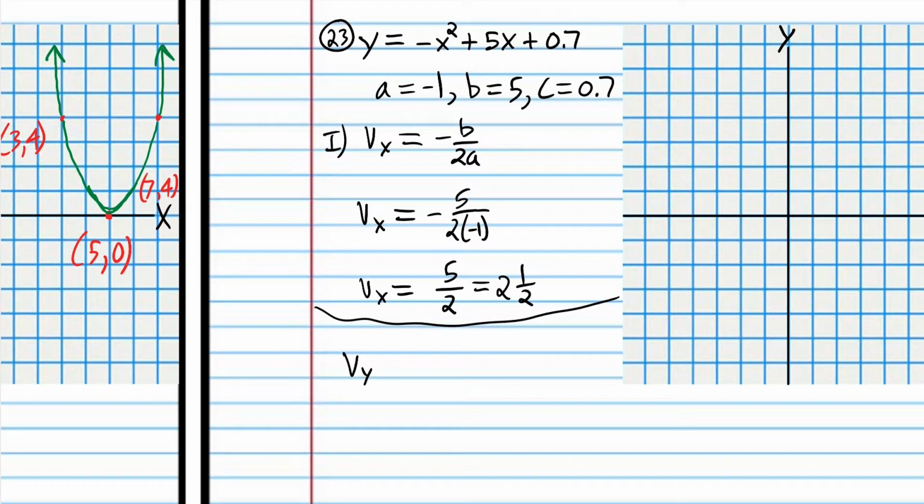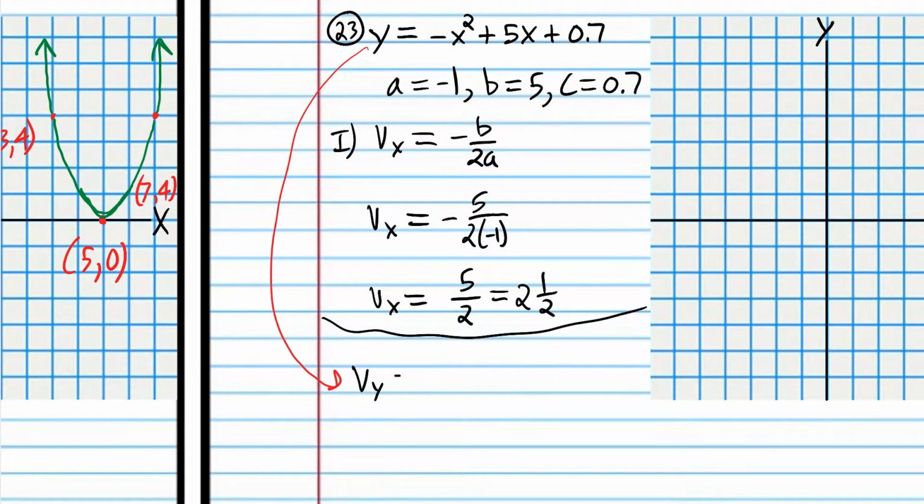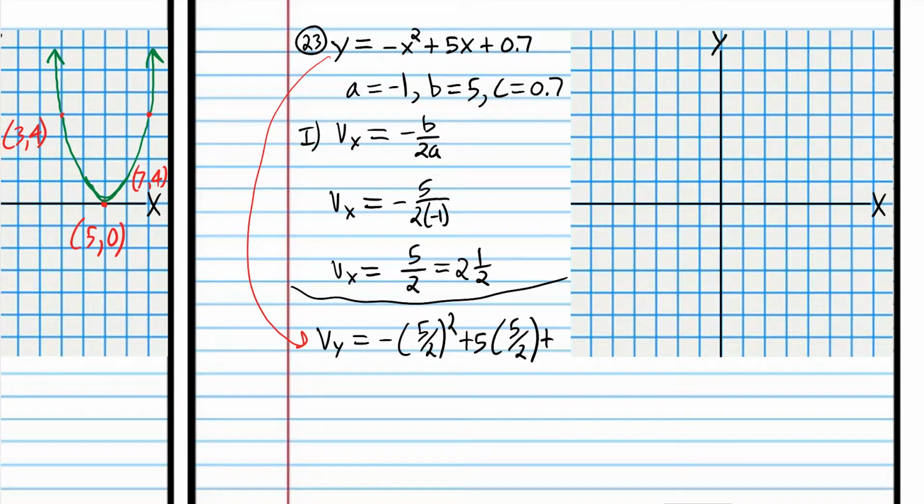It's just easier to deal with the numbers. So I'm going to now find the y value of the vertex. And I'm going to plug in. And let me get a little more room here.